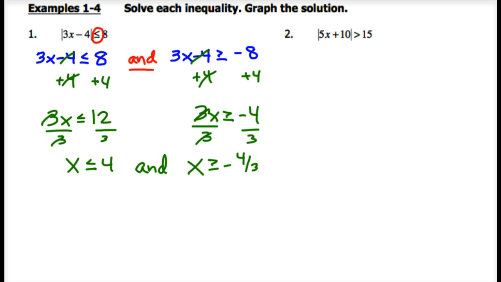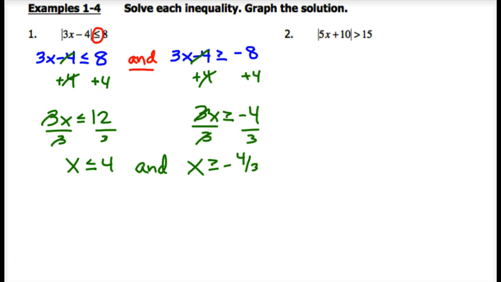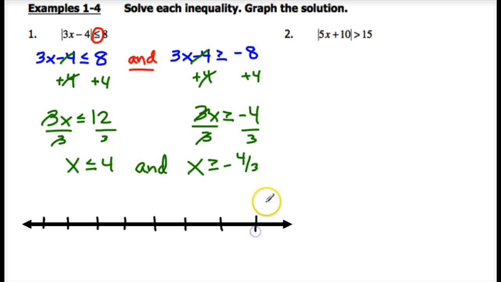And now I'm going to go ahead and graph this on a number line. Okay, so I'm going to start this at negative 2 and go to 5. That'll be enough room for both of my numbers on here.